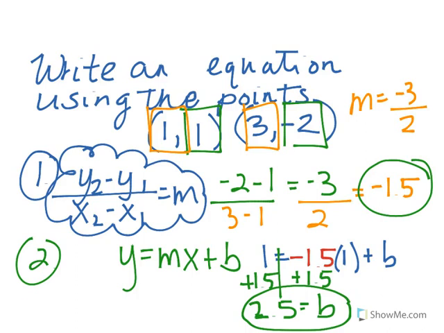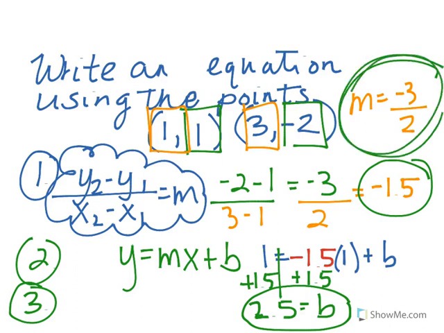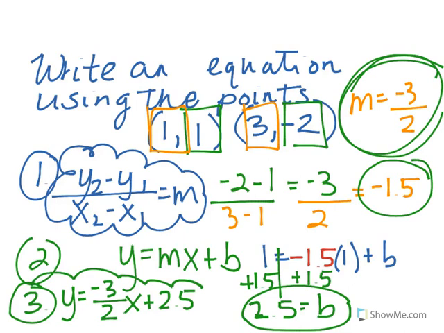And then your step 3 is just to put them all together. So that means that you would take your m and you would write it out as y equals negative 3 halves x plus 2.5. And it's okay to leave your y-intercept as a decimal because it's easier to graph like that.